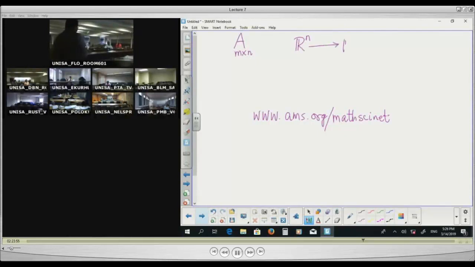What is called null in several cases, I call the kernel. I still write kernel of A, because that is determining. People also write it as null of A. And what I write as image of A, people sometimes call the range of A.